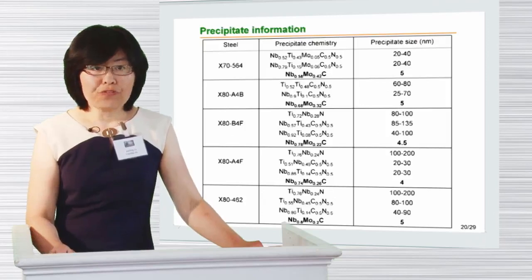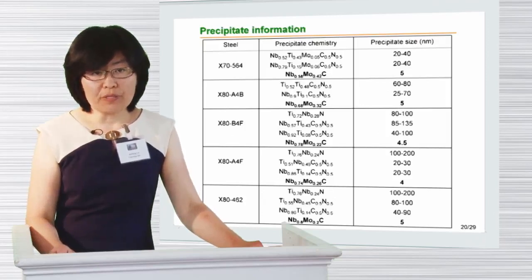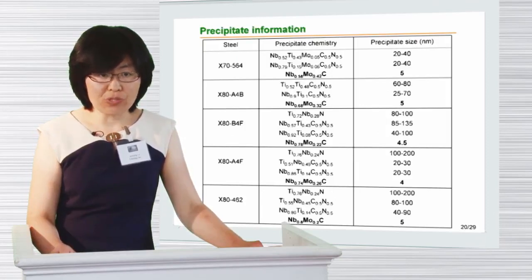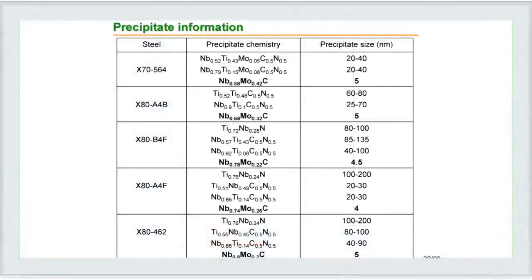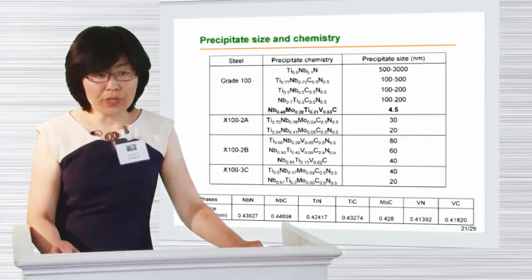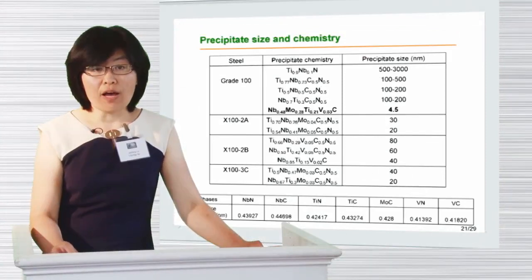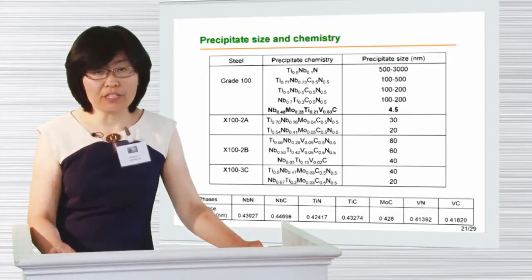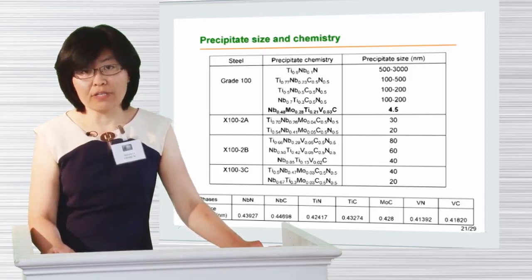And for the Rietveld refinement, all the precipitate information is based on the lab results, like TEM analysis and EDX analysis for the chemistry, and the precipitate size is based on the TEM observation. So from here we can see that for X70, the four types of X80 steels, and including the grade 100 steels, they all have very fine nano-sized precipitates, about 5 nanometers in size.